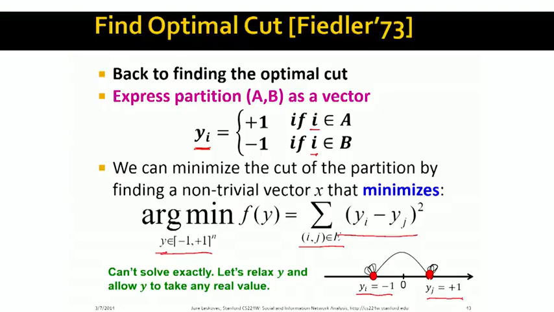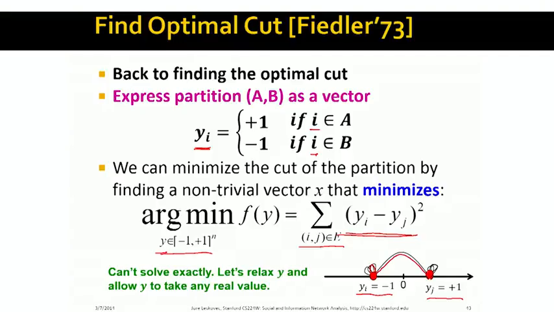If the nodes are connected and they are both on the same side, I will have, let's say, -1 minus -1 is 0, so I will get no penalty. The only time I will get a penalty is for an edge where one of the nodes is on the left-hand side and one of the nodes is on the right-hand side, right?